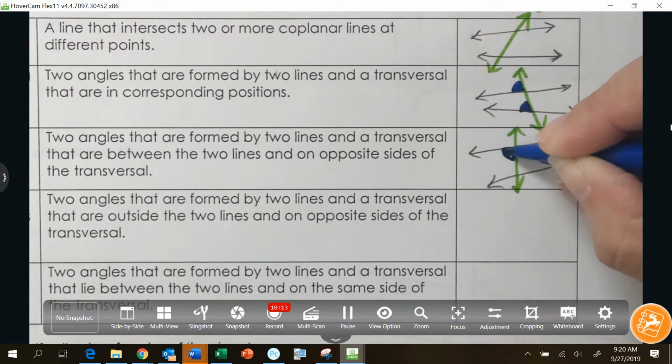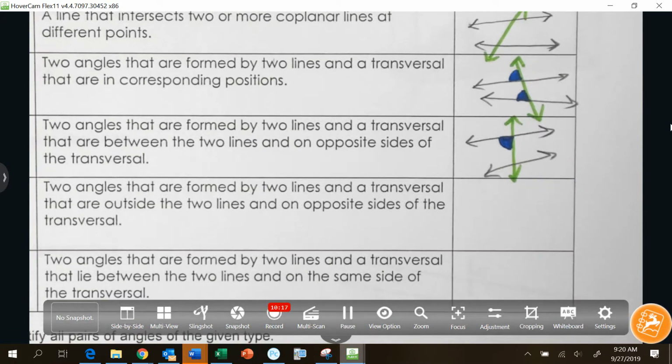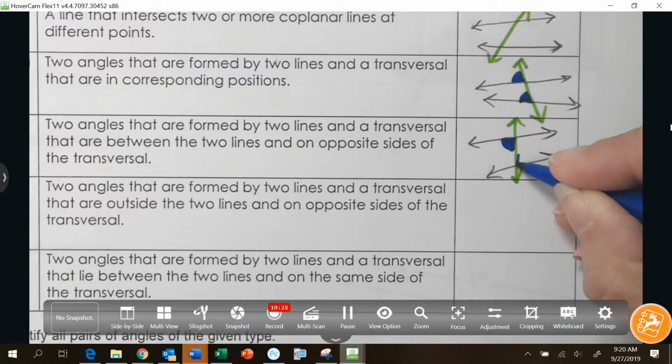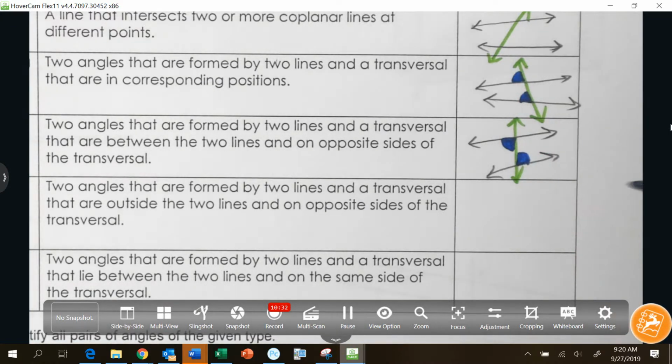So I'm coloring in one of the interior angles. Alternate interior means one of them is going to be on the left side of the transversal, one of them is going to be on the right side of the transversal. They're on different sides of the transversal, but both of them are on the inside of the two lines. Alternate interior.